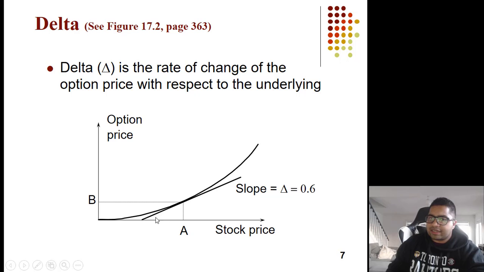Now please note, you can predict the option prices with delta if moves are small. If the move is only from A to A dash, that is here, you can predict it: it will be from B to B dash. But if the move is large, say A to A double dash, you cannot predict it with delta, because delta is this line, but the actual movement is this.